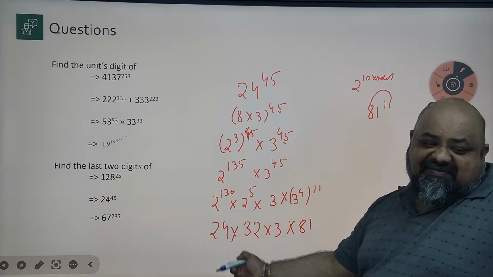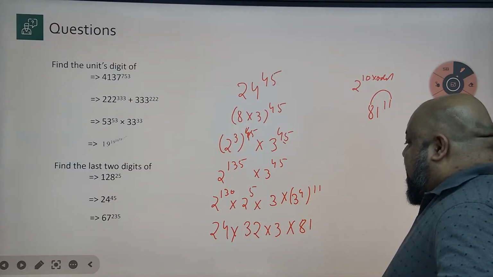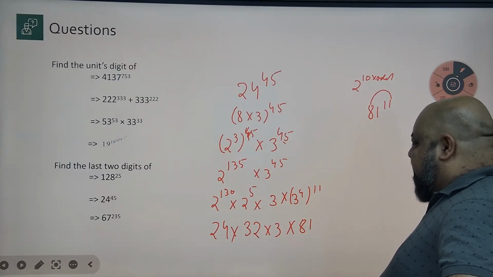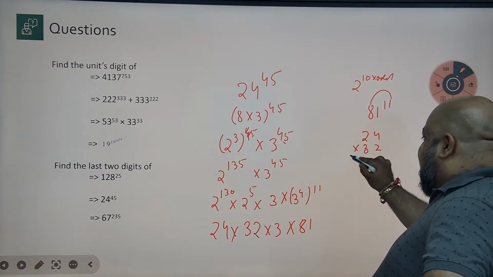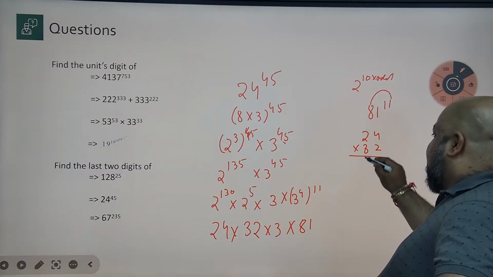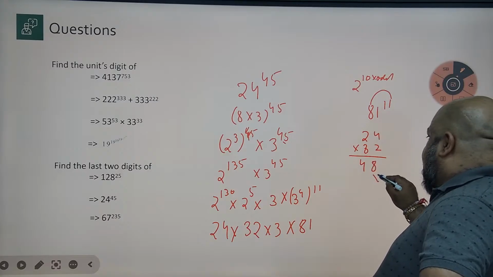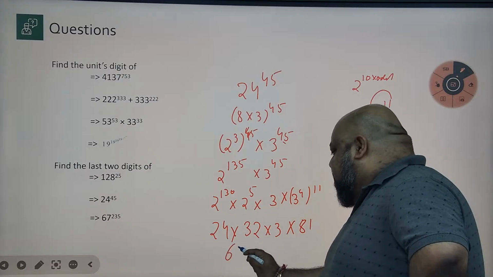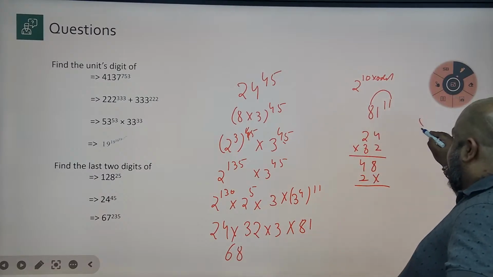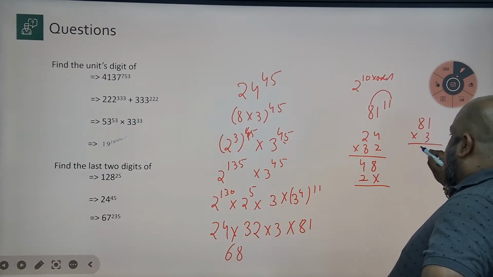Now I have to multiply all of this to get the answer. Okay, so we start with multiplying 24 and 32 for example. 24 into 32, again only write 2 digits because that is all that is needed. 48, 4 3s are 12. So this ends in 68. 81 into 3 will end in 43.